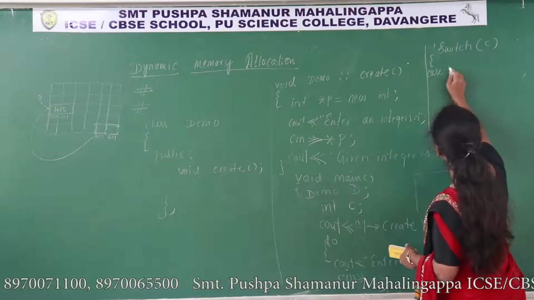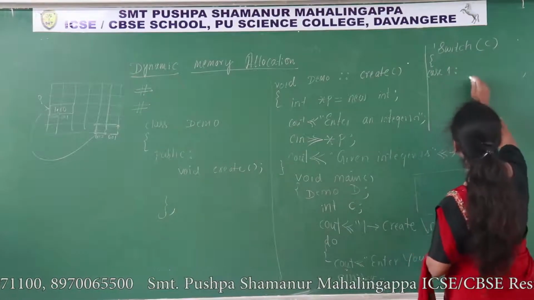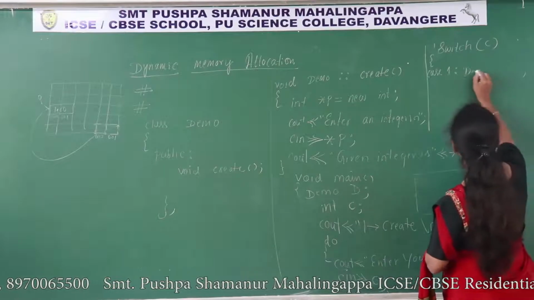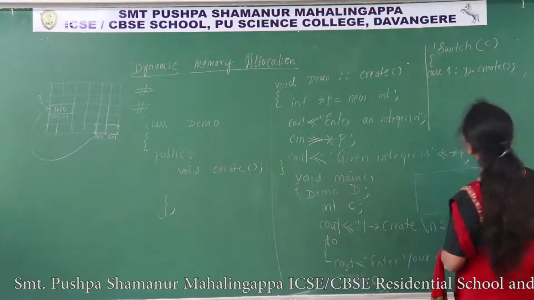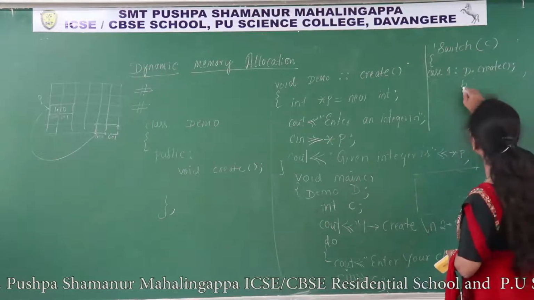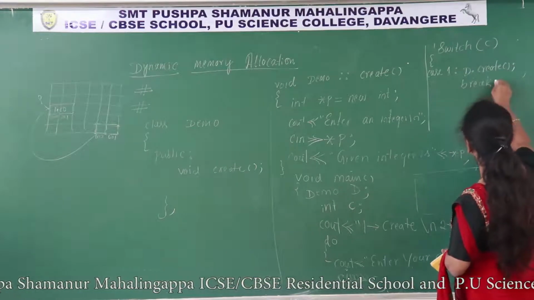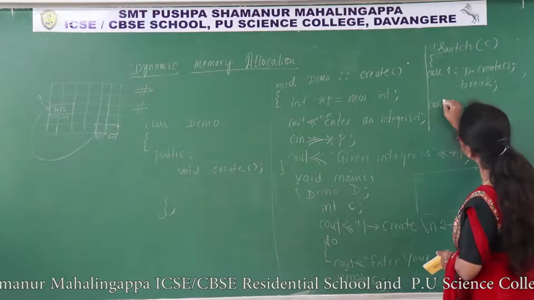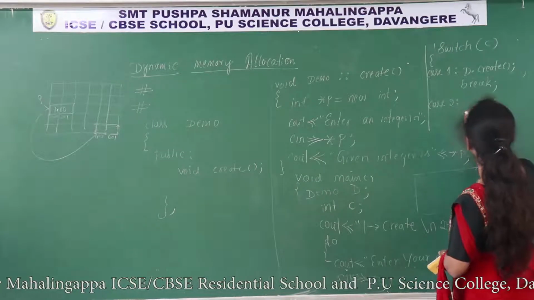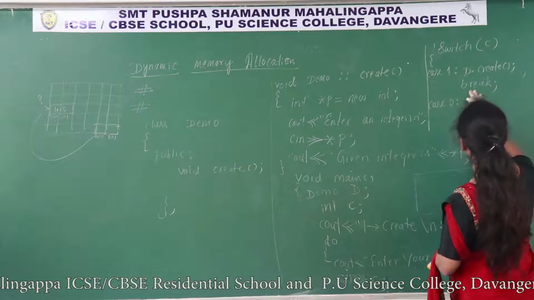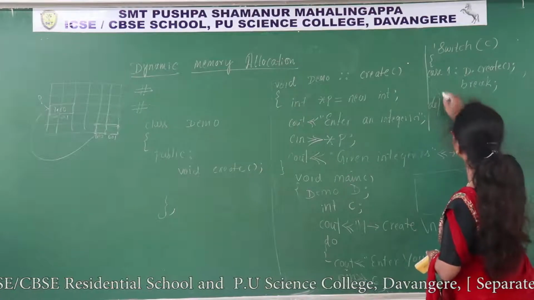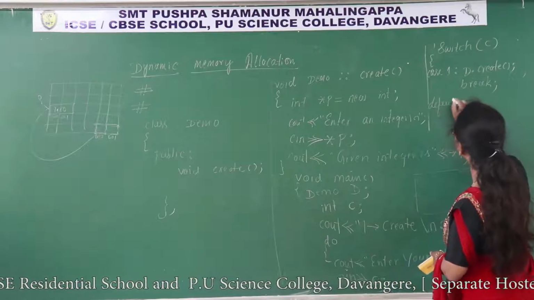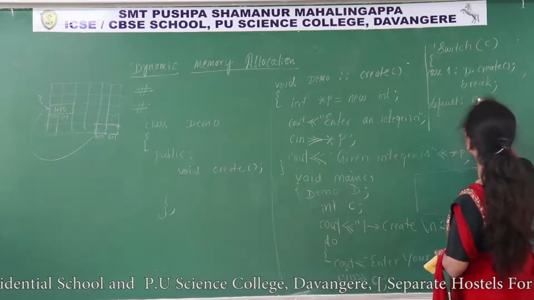Case 1 colon d dot create, then break. Case 2 colon, default, I'll take default, I have taken only one case now, default exit.